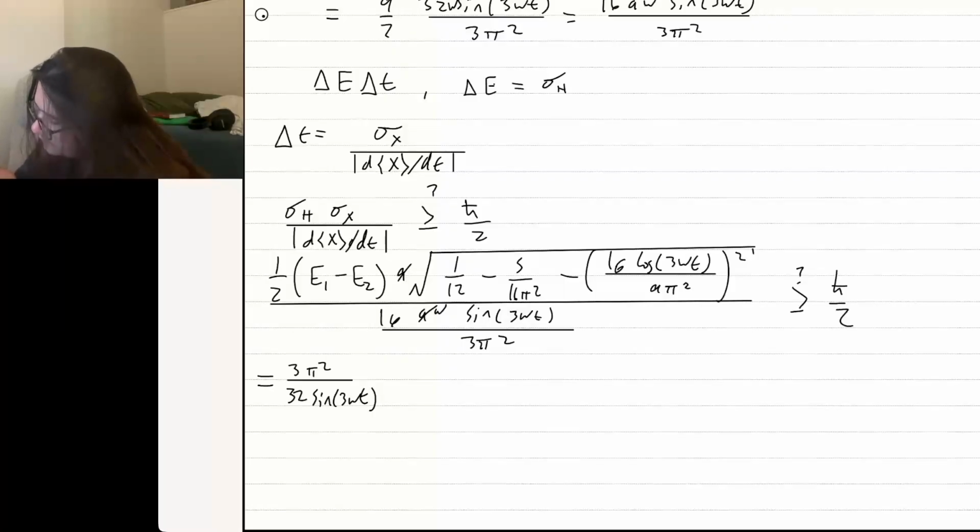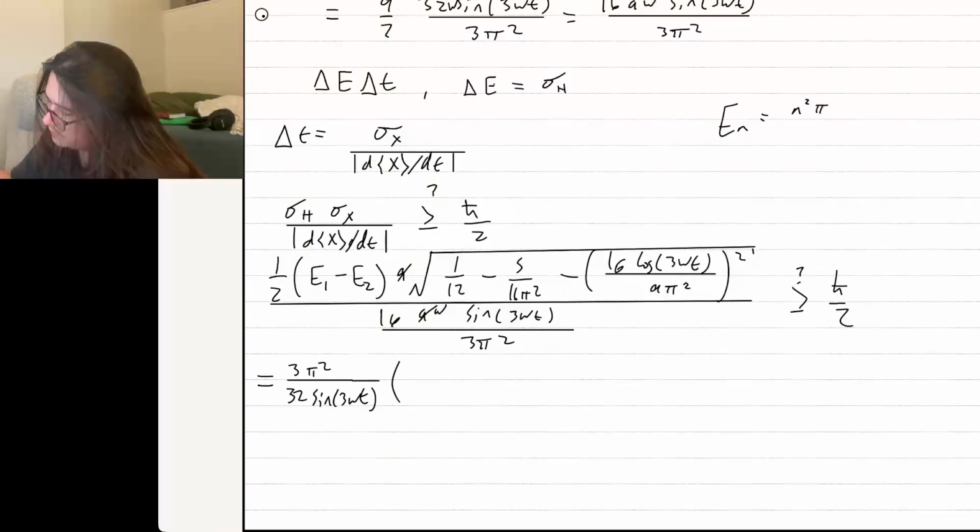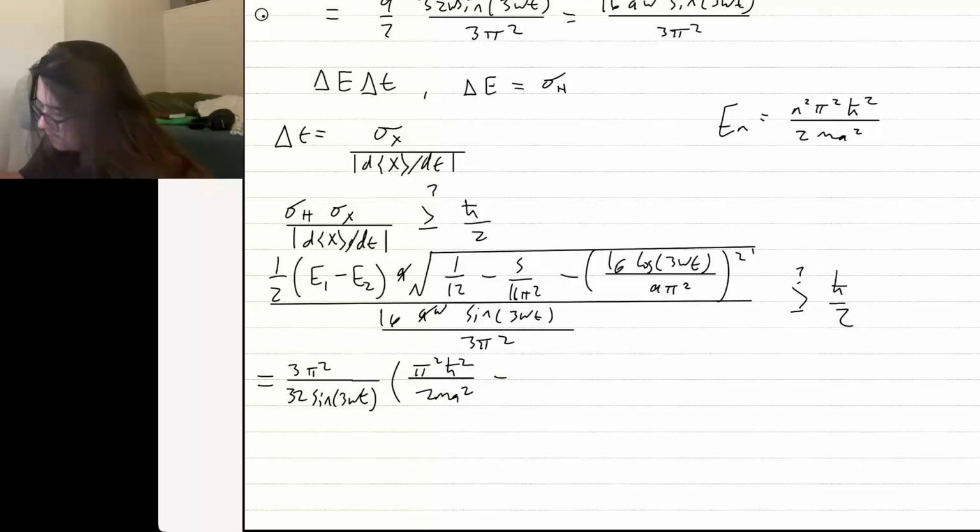And I'm going to put in the energy eigenvalues for the infinite square well here. Those are E sub n equals n squared pi squared h bar squared over 2ma squared. So it's going to be just pi squared h bar squared over 2ma squared minus 4 pi squared h bar squared over 2ma squared.